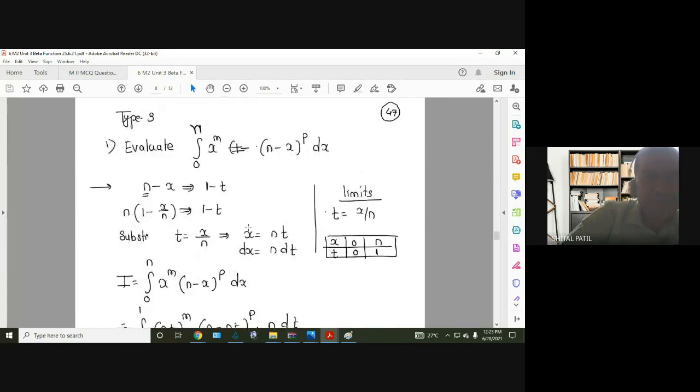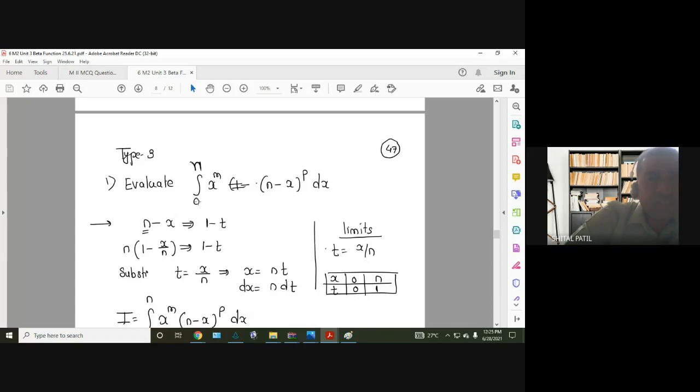Then type number 3. Here the limits are not 0 to 1, they are 0 to n, and we have to decide the substitution from here. So n minus x should be 1 minus t, so the substitution is t equal to x by n.